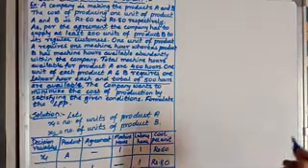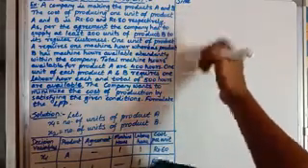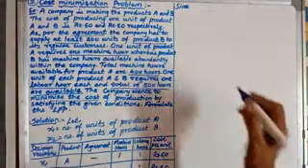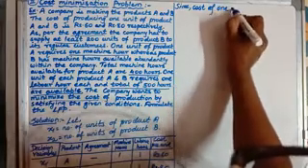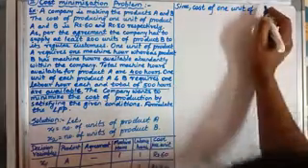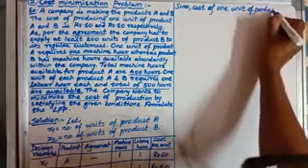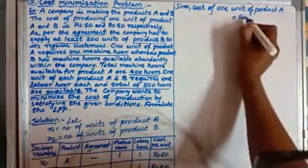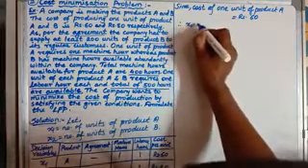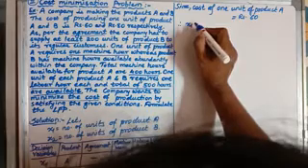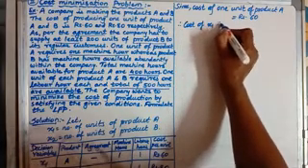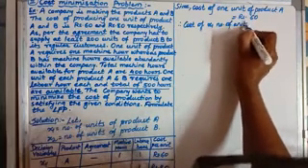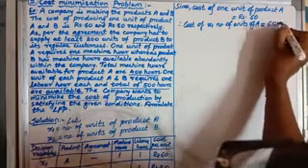Again, just like the previous problem, since cost of one unit of product A equal to rupees 60, therefore cost of x1 number of units of A equal to 60x1.